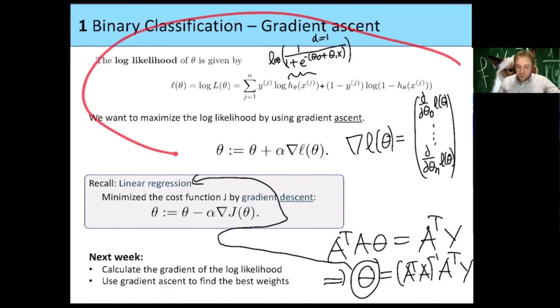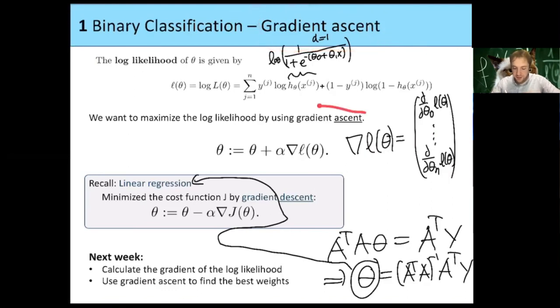But this is not possible for this problem here. So here we really need to use some algorithm to find a numerical solution. This we can do either by gradient ascent or by other methods, for example the Newton method. But I think that's all for today.